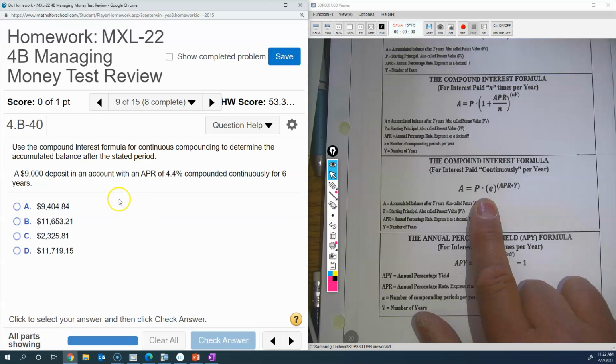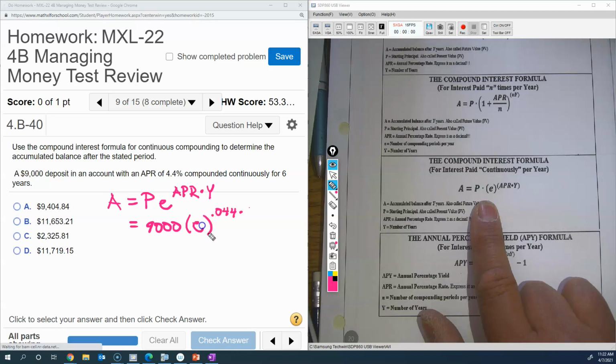A equals P e to the A R times Y. Okay. So 9,000's my principal, my APR is 0.044, and the year is 6.